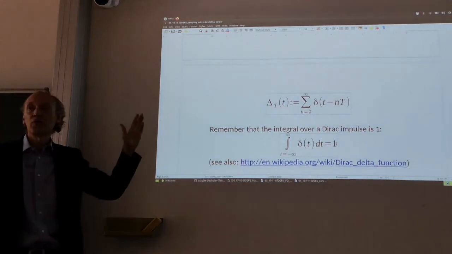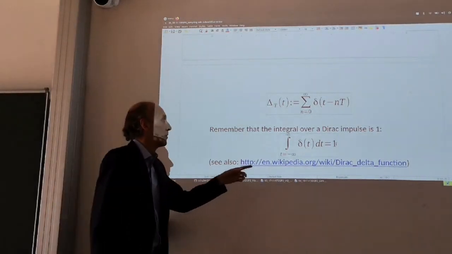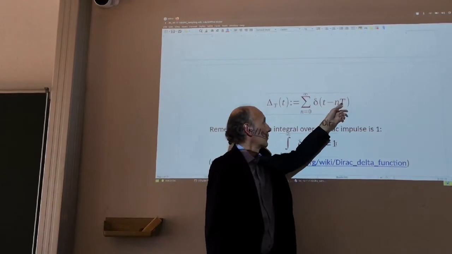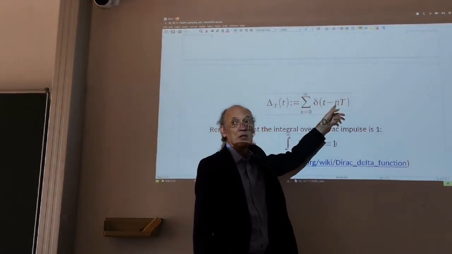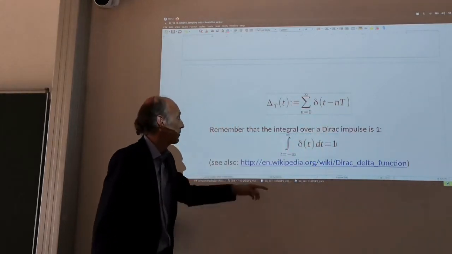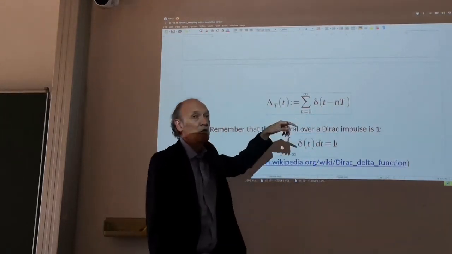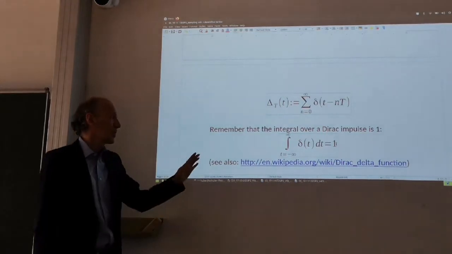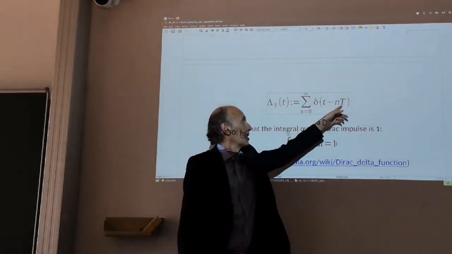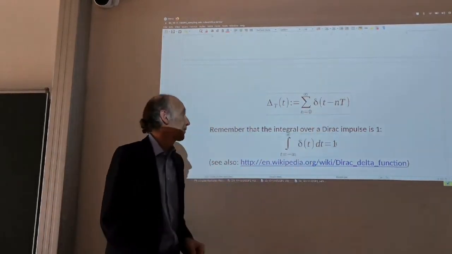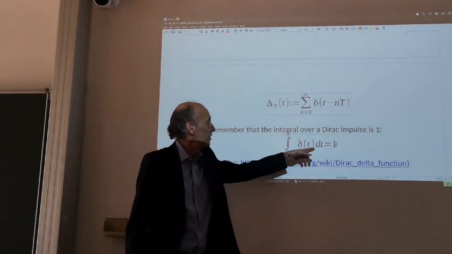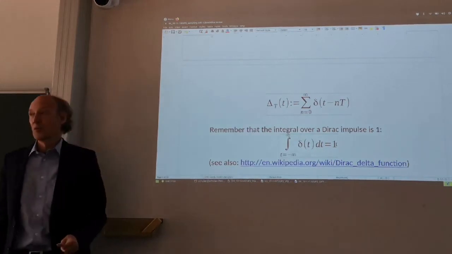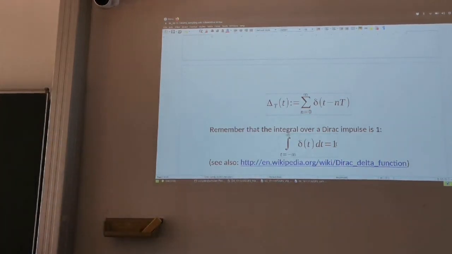And if you want to have a shifted Dirac pulse, you just subtract this shift. So this would appear at position nT. And if we have the sum, we have many Diracs, each Dirac appearing at integer multiples of T. And remember that the integral over the Dirac is 1. This is important for sampling.